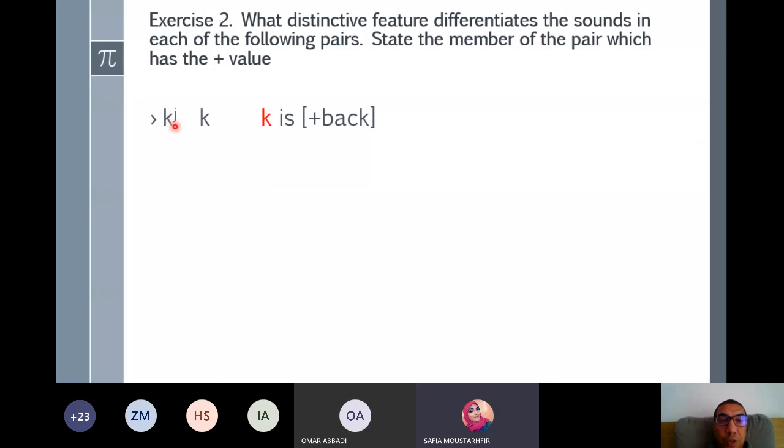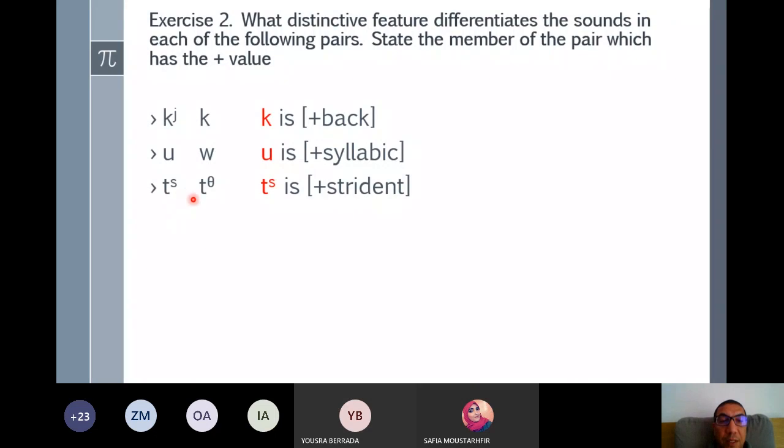Now, what distinguishes the palatalized k from k is that back k is plus back, and this one, because it is palatalized, has the minus back feature. U and w: u is plus syllabic and w is minus syllabic.